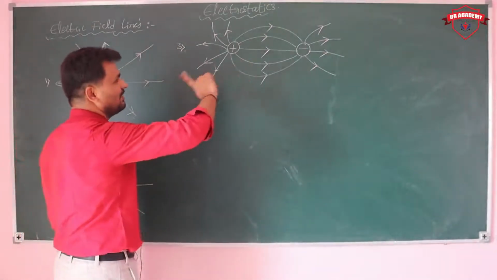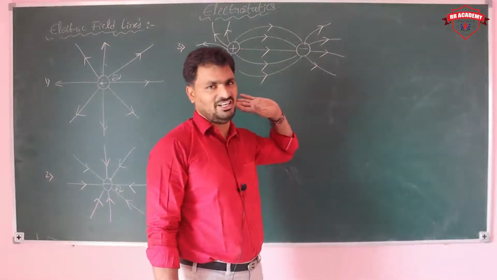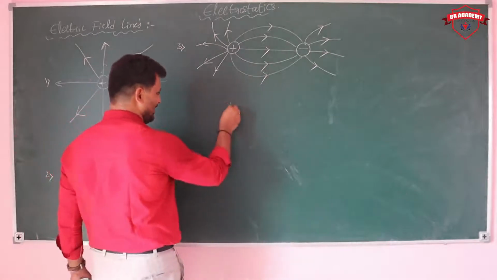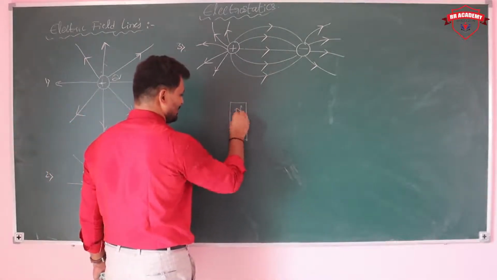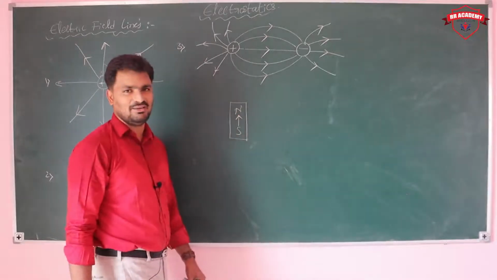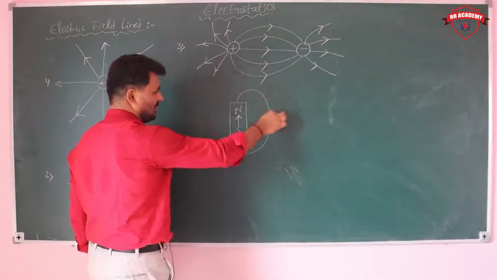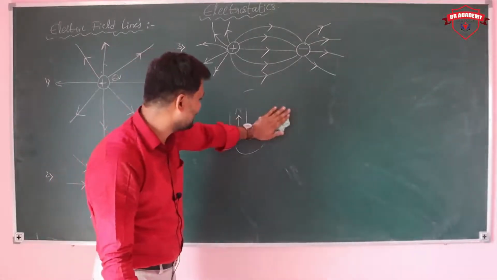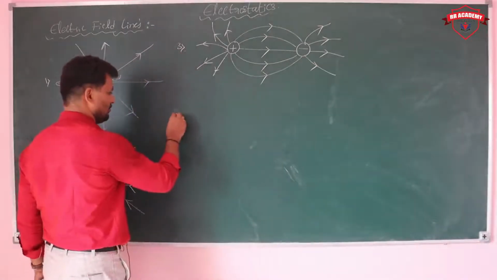You can write that. Starting from the positive charge, ending on the negative charge. A closed loop means, for a magnet, the magnetic field lines go south to north inside the magnet and north to south outside the magnet, forming closed loops. But electric field lines do not form like that. They never form a closed loop.